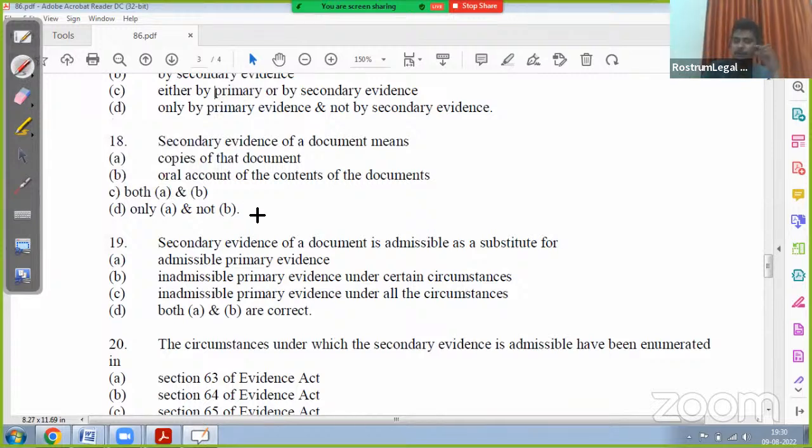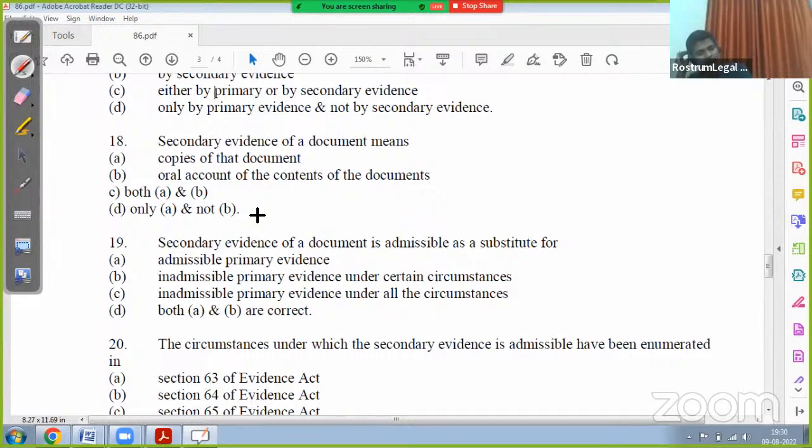Secondary evidence of a document is admissible as a substitute for admissible primary evidence, inadmissible primary evidence under certain circumstances, inadmissible primary evidence under all circumstances. Option D, both A and B are correct.